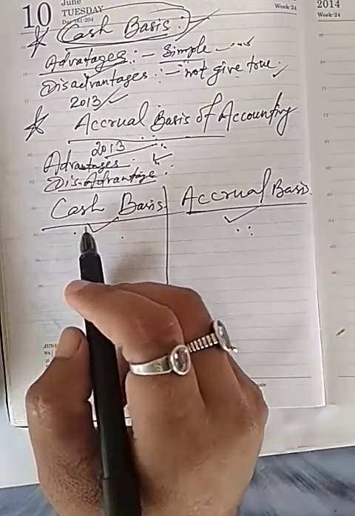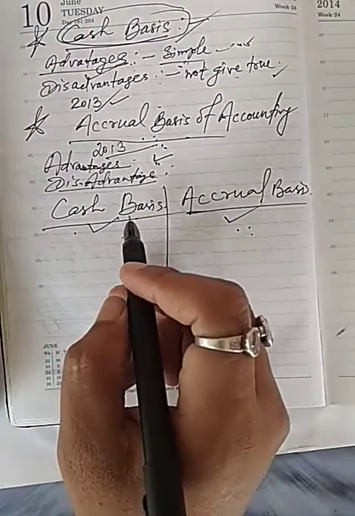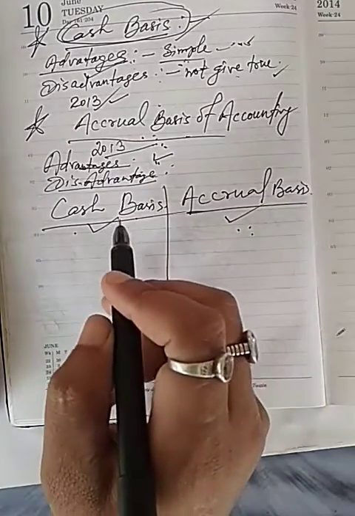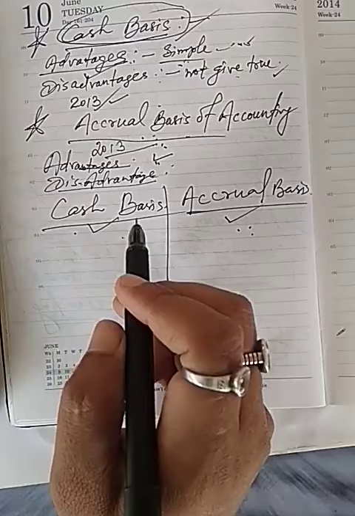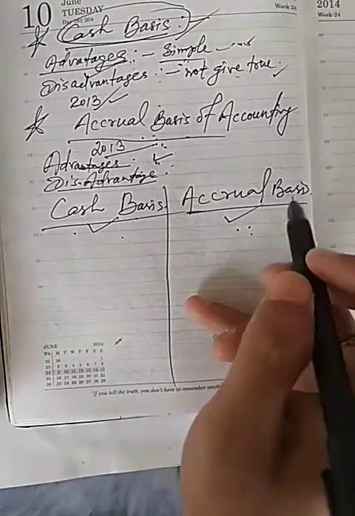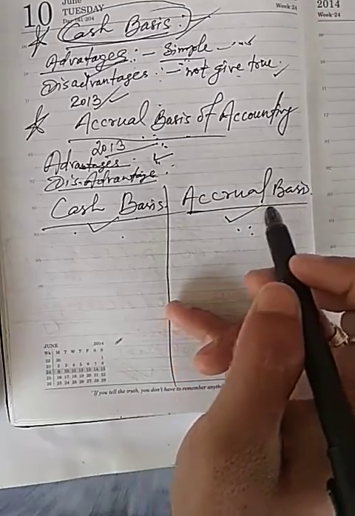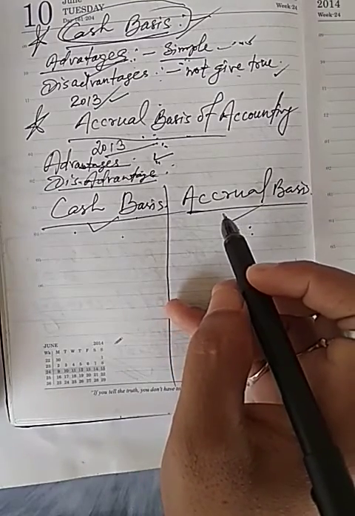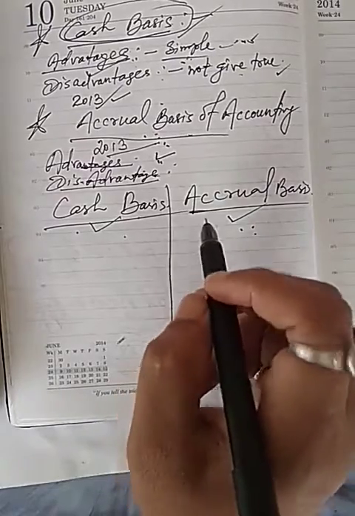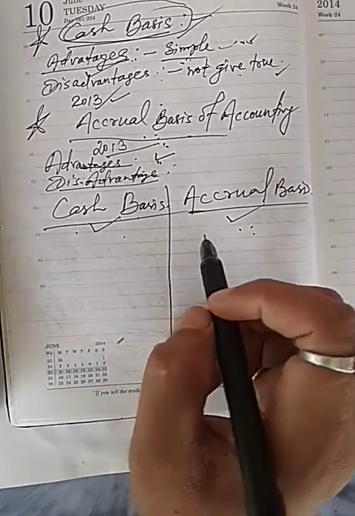Second, as per the cash basis, only those incomes are recorded which have been received in cash. But as per the accrual basis, all the incomes are recorded whether cash is paid or not.